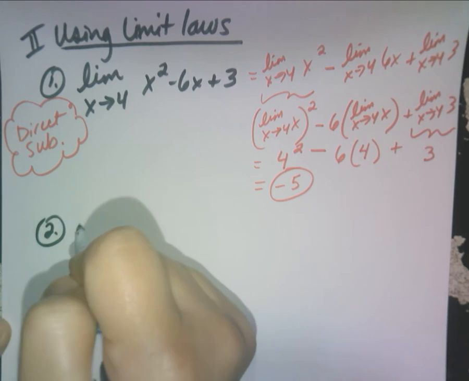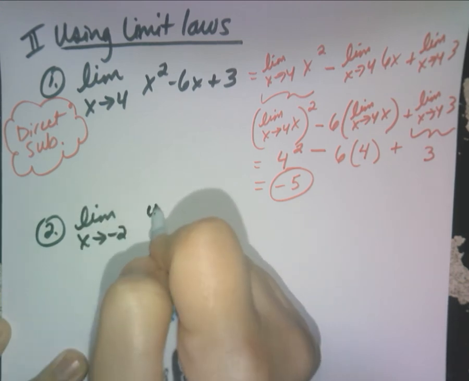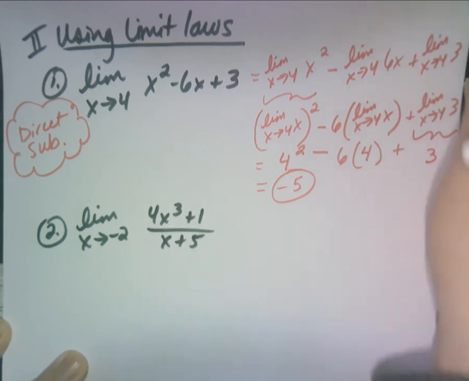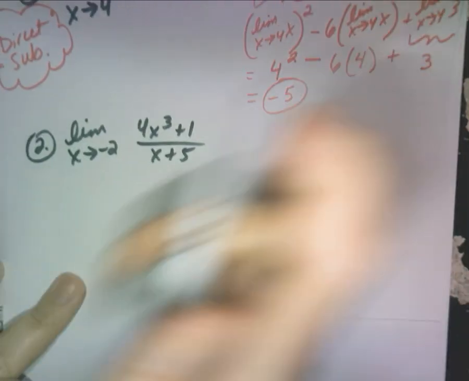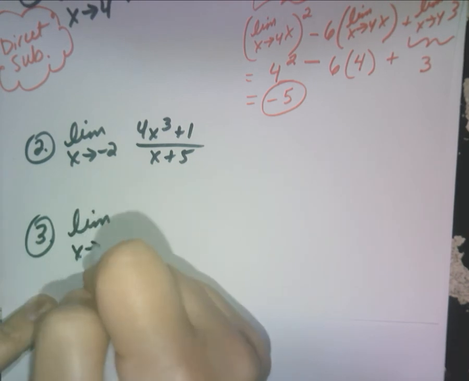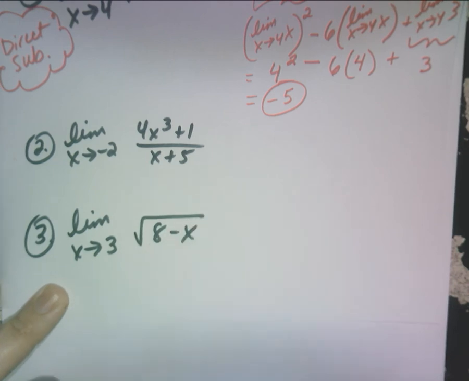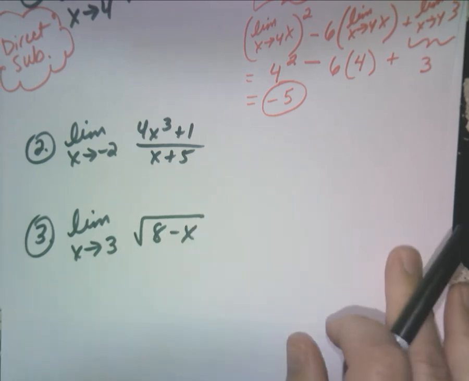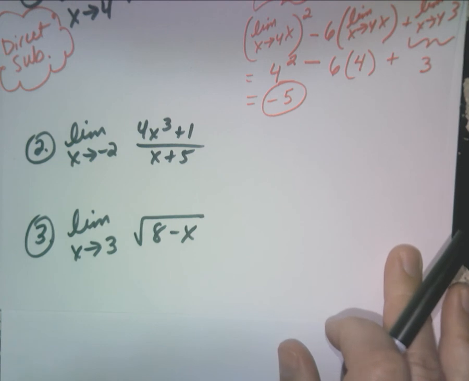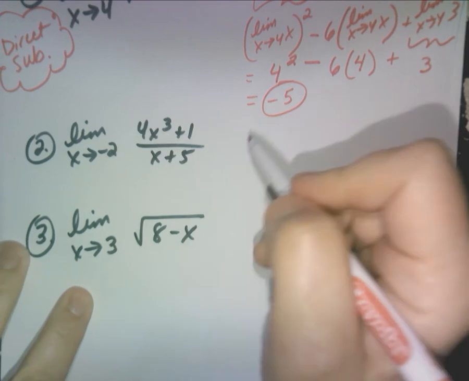Let's do another one. Limit as x goes to -2 of 4x cubed plus 1 over x plus 5. And we'll do another one. Limit as x goes to 3. Now, again, they're going to say, use the limit laws to find the limit. Don't. Plug it in, y'all. Take Mr. -2 and plug it in everywhere you see an x.